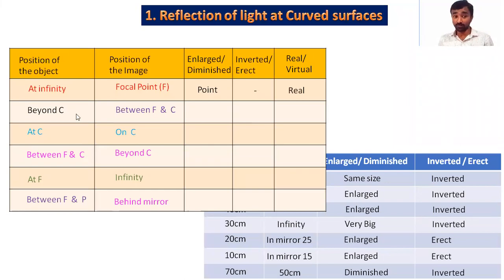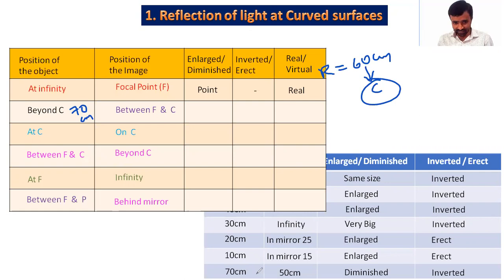When the object is beyond, that means at 70 centimeters, beyond the center of curvature, because the radius is equal to what? 30 centimeters is the focus. So this point, the radius, is equal to 60 centimeters. So this 60 centimeters distance is the center of curvature position.